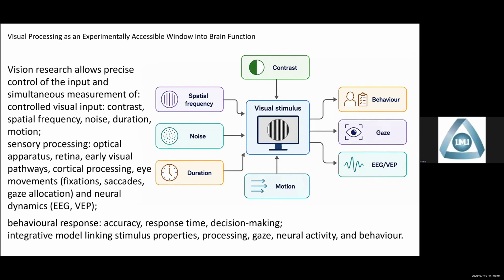We can record neurophysiological parameters like EEG or visually evoked potentials, and try to find the mechanisms through which the visual information is processed. What do you measure?